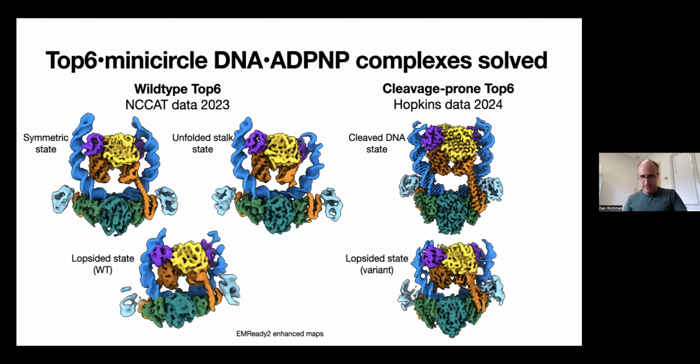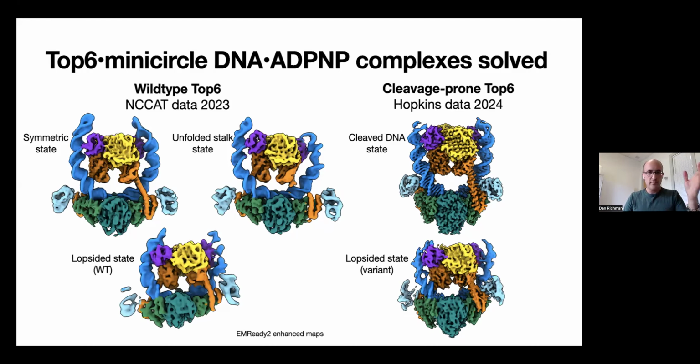And then the other data set was able to show us a cleaved state at a really superb high resolution that's highly symmetric, and then a lopsided state emerged as well. You can see in all of these states, DNA is present and exhibits a severe bend of greater or lesser degree.